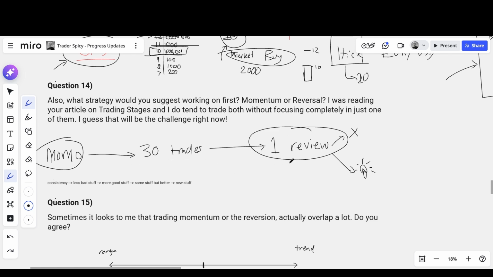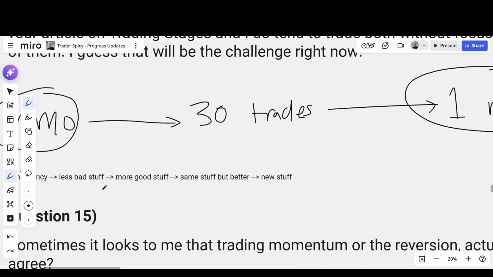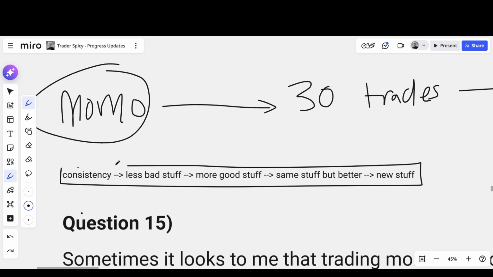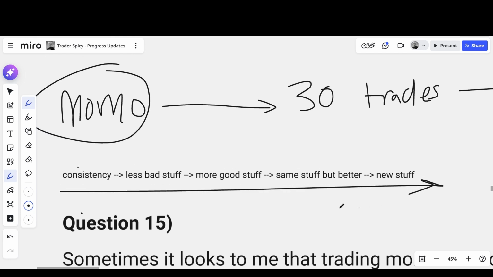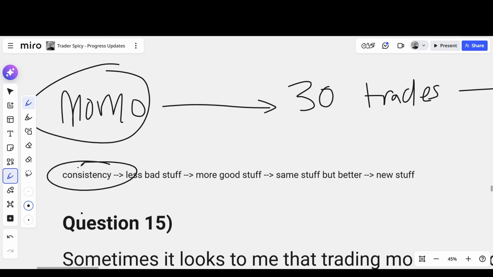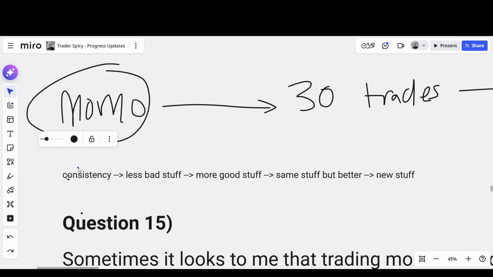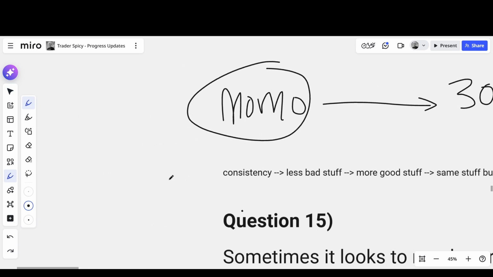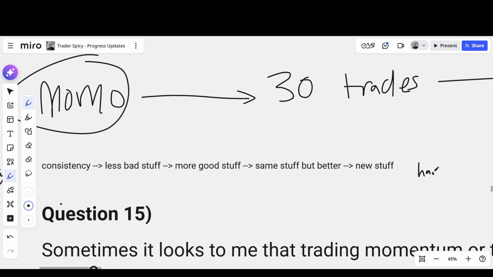And remember, when I say review trade screenshots, you want to go in this order of priority from left to right. So first, try to find consistency type of mistakes or consistency type of improvements, because everything from left to right is in the order of easy to hard.